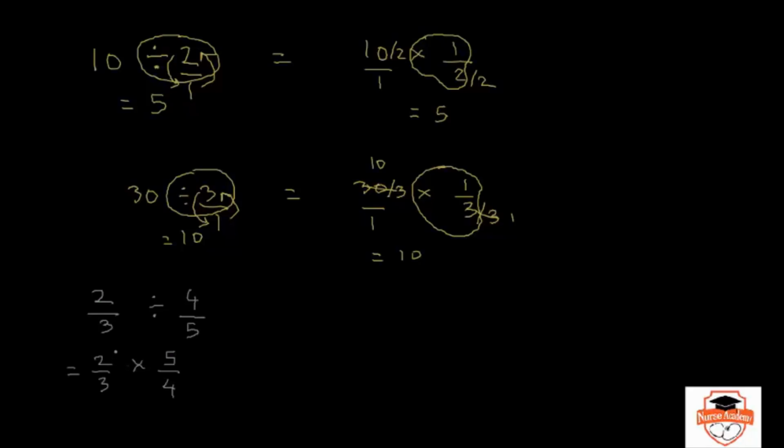Over here, we can divide 2 with 2 and 4 with 2. So we end up with 1 over 3 times 5 over 2, which is 1 times 5, which is a 5 on the top. 3 times 2 is a 6 on the bottom. So 2/3 divided with 4/5 is 5/6.